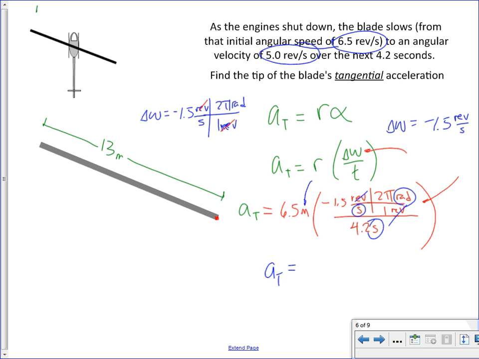I'm just doing it in one step here. All right, so let's see, I'm going to do 1.5 times 2 pi divided by 4.2, but then times the 6.5 meter radius, and I get 14.6, but I'll round up to 15 meters per second squared.